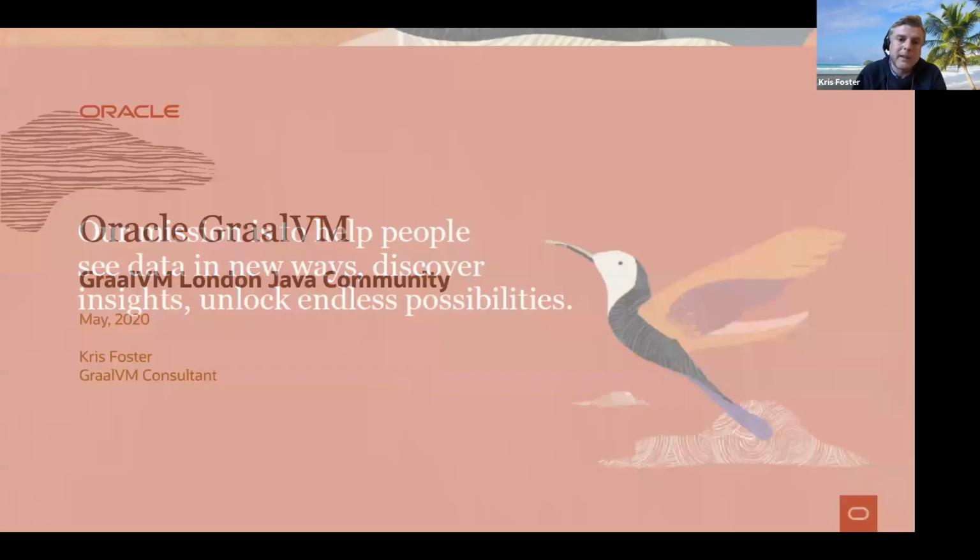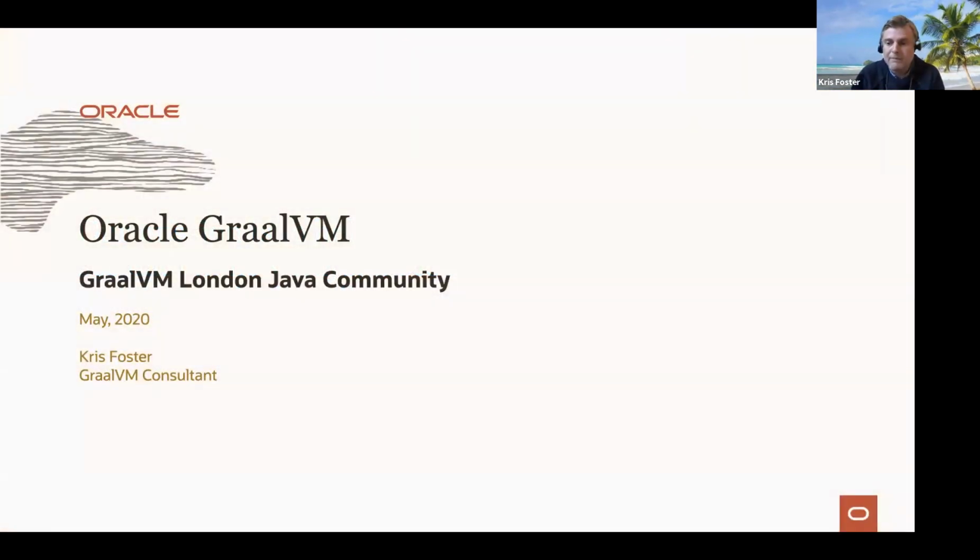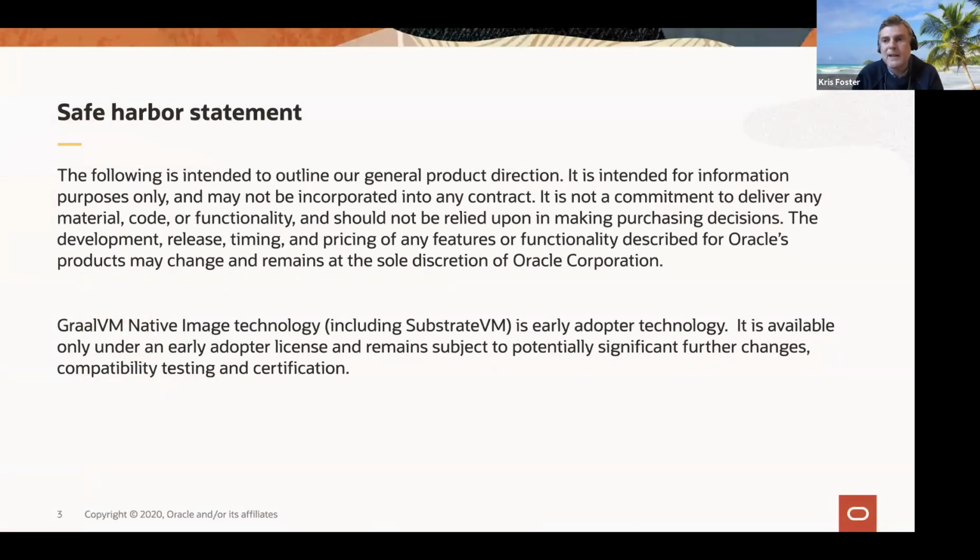So the talk today, GraalVM. I'm Kris Foster. I have to put a safe harbor statement at the start of all of my slides, and this is basically to say that anything that I talk about in relation to the future of the product can't be relied upon for purchasing decisions. Things may change. The other important point is the GraalVM native image technology, and we'll talk about what that is during the talk.